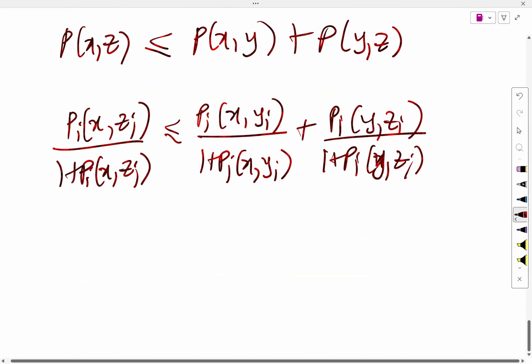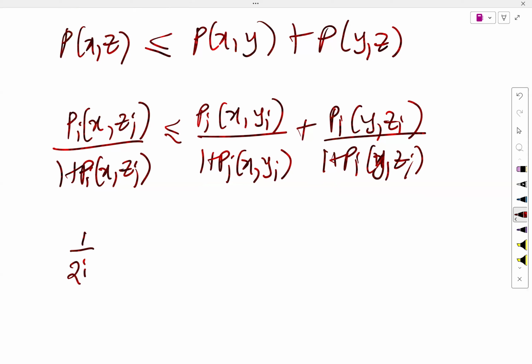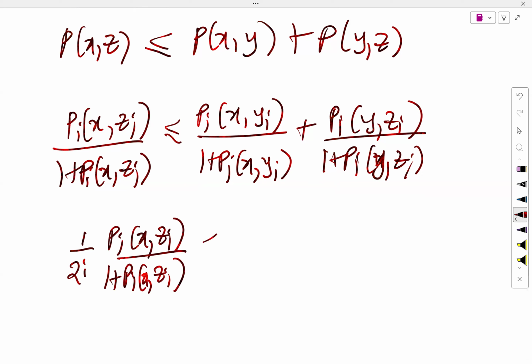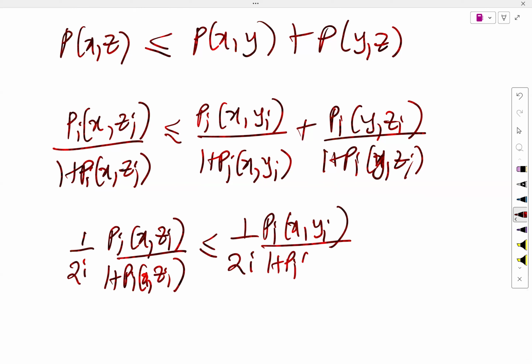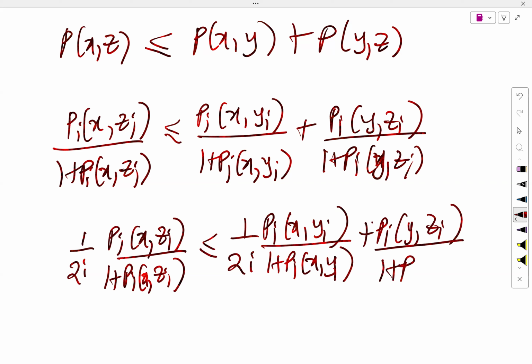Okay, so you have 1 over 2^i times p(x,z_i) over 1 plus p(x,z_i), less than or equal to 1 over 2^i times p(x,y_i) over 1 plus p(x,y_i), plus p(y,z_i) over 1 plus p(y,z_i), and of course 1 over 2^i.